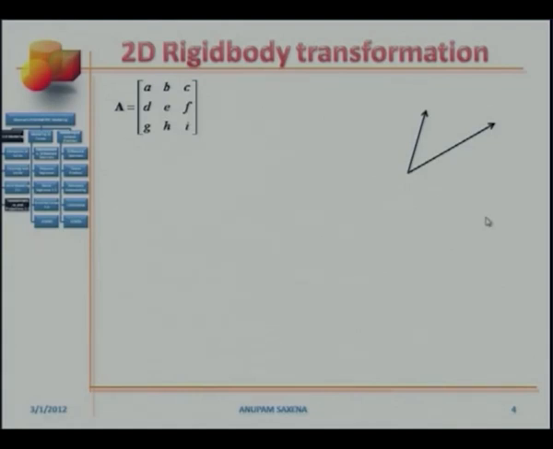We said that before and after rigid body transformation, the dot products did not change, and also the cross products remained the same. When we applied these constraints on the dot and cross products, we came up with the following conditions on the elements of this transformation matrix.